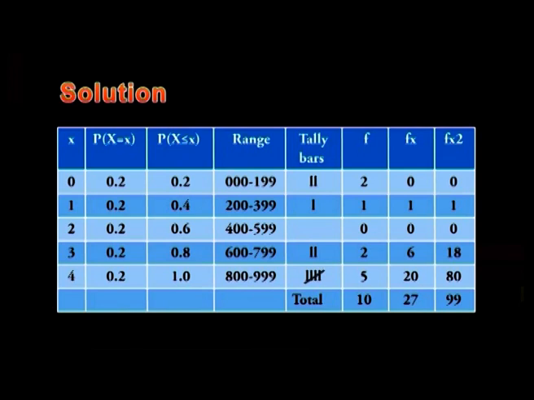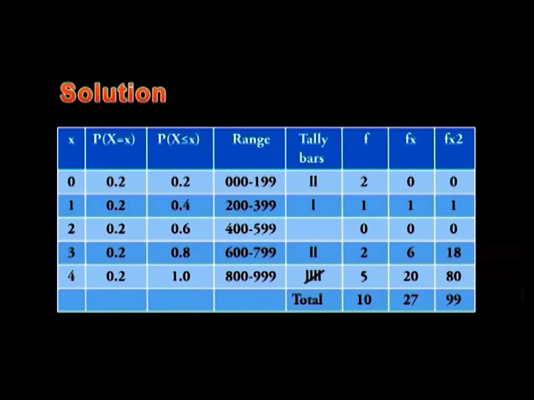That is, the first cumulative probability we have is 0.2. If we consider 3 digits after the point, we get 0.200. Hence, the first range we write as 000 to 199. 200 is then included in the next class, that is 200 to 399, etc., till the last class, which will be 800 to 999.